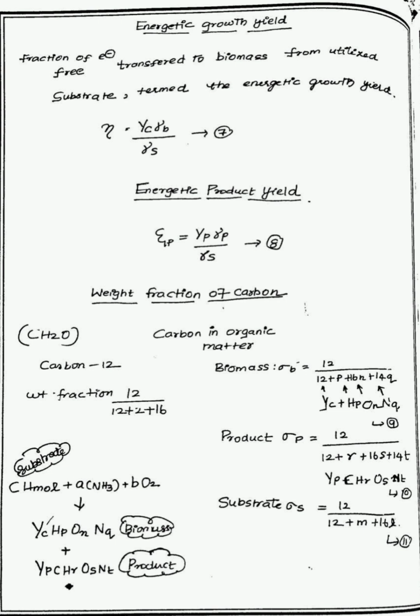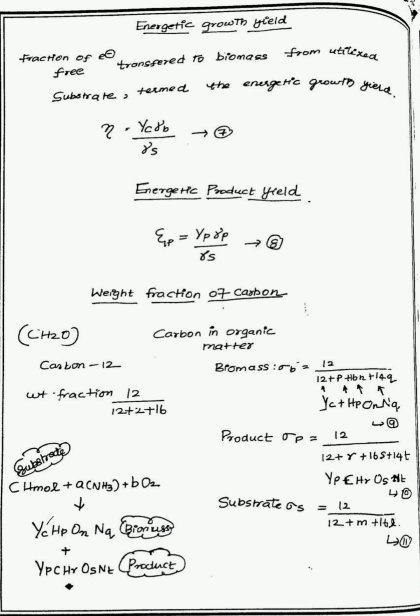Then coming to the next calculation, if they ask you to calculate the weight fraction of a carbon atom in a particular compound, here I explained with two simple examples. For example, if I ask you to calculate the weight fraction of carbon in a particular aldehyde or alkane or organic acid, you can do it like this.